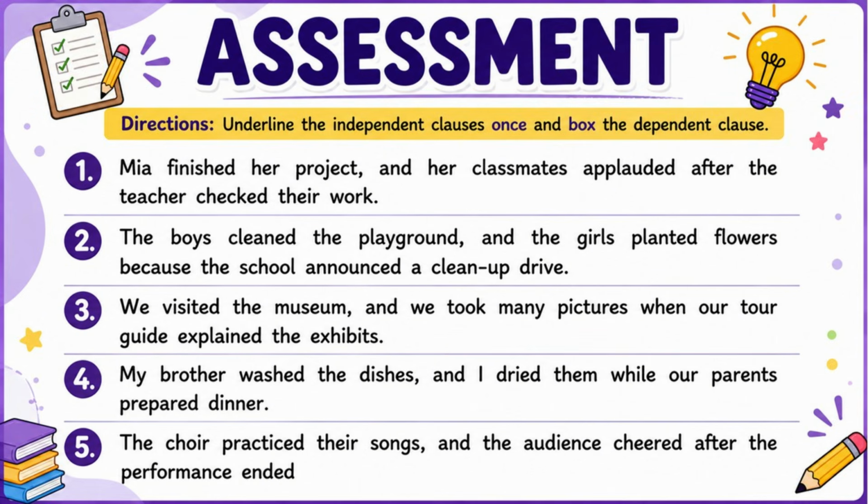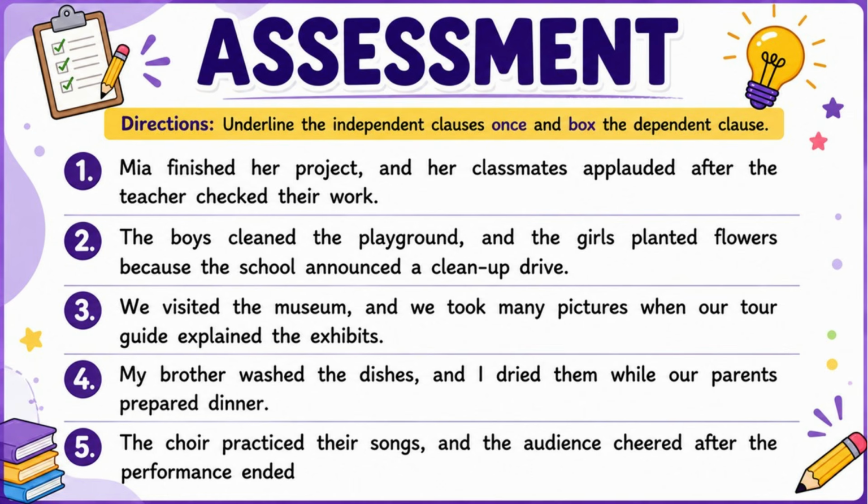Assessment. Directions: Underline the independent clauses once and box the dependent clause. 1. Mia finished her project and her classmates applauded after the teacher checked her work. 2. The boys cleaned the playground and the girls planted flowers because the school announced a cleanup drive. 3.